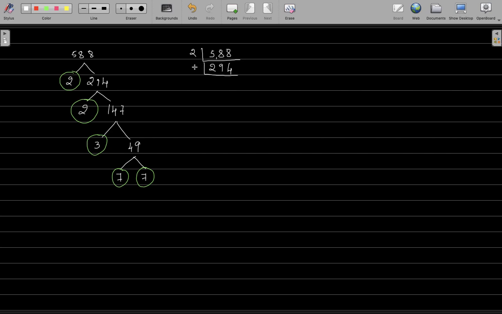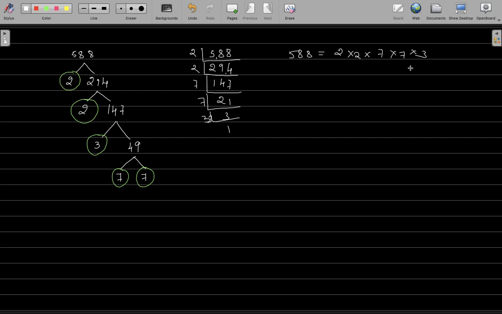Now if I start with the 2 again, I get 1, 4, this will give me 7, and let me say I want to start here with 7, this will give me 21, and again 7 will give me 3, and 3 times 1 is 3. So that means to say 588, I can represent it as 2 times 2 times 7 times 7 times 3. Right?